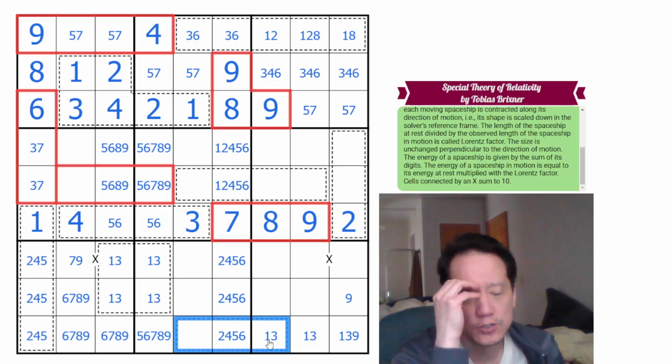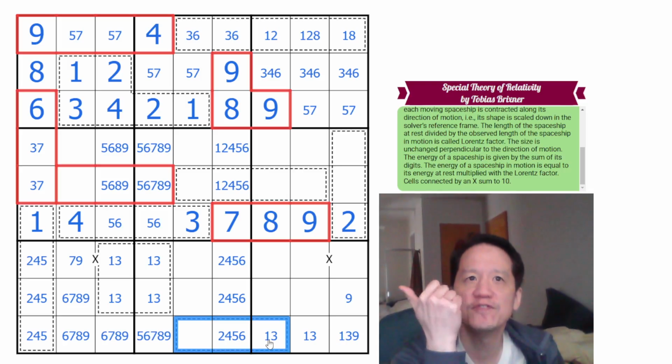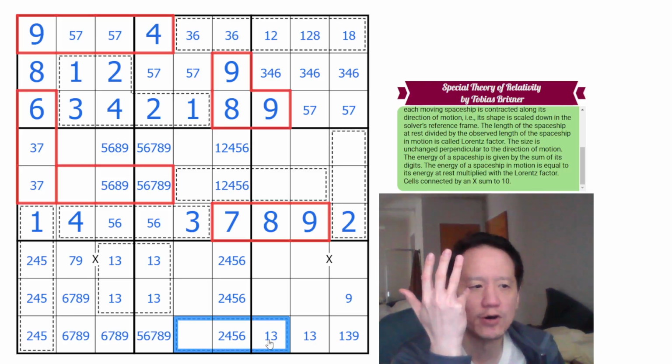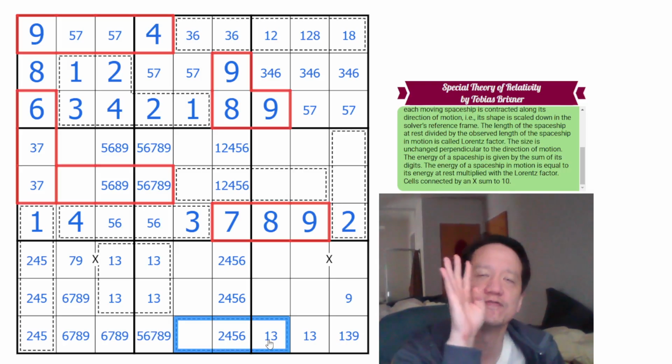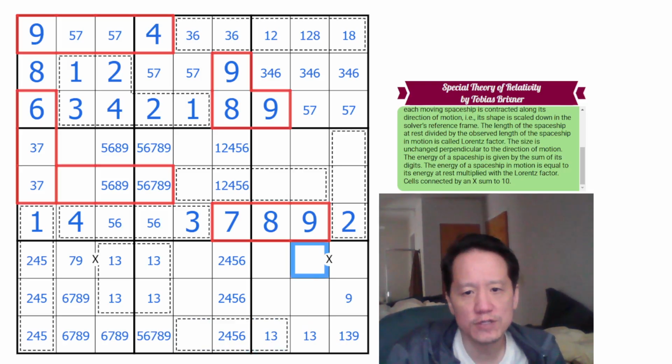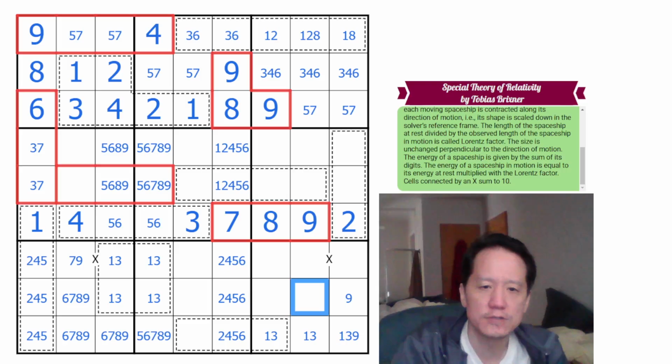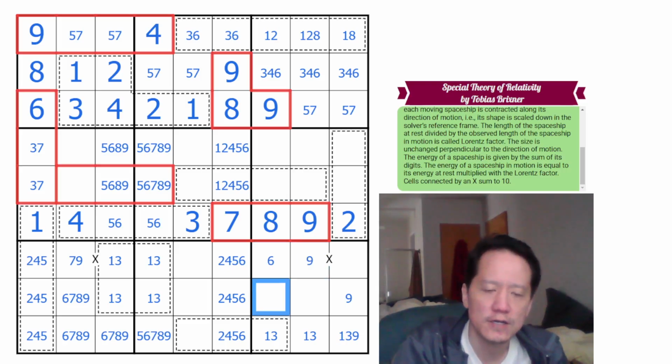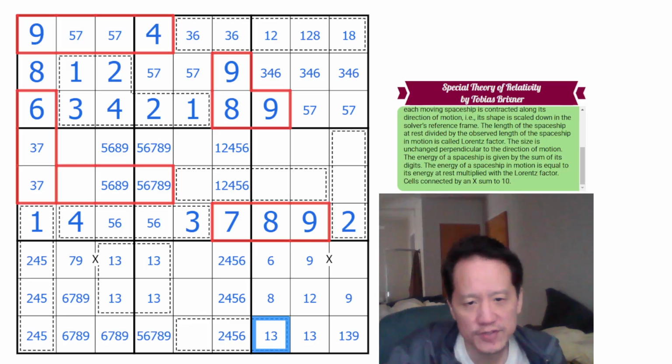So that would be 15. If you have a 15, it could be 15, 12, or 9. Because 6 is too small: if you divide 6 by 3, you get 2, and therefore you'd have to have a 3-cell cage adding up to 4, which is not possible. So the possibilities are 6 and 9, 8 and 12, and 10 and 15.